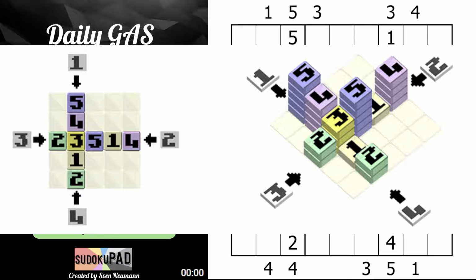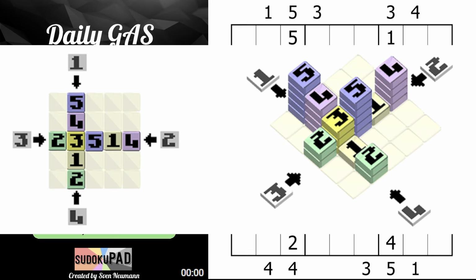If we look in the direction of the 1, it will see one skyscraper because the 5 blocks from view the 4, 3, 1, and 2. If we look in the direction of the 2 clue, what it would look like in the Sudoku grid is just 4, 1, 5, 3, 2. The 2 would see the 4 skyscraper.